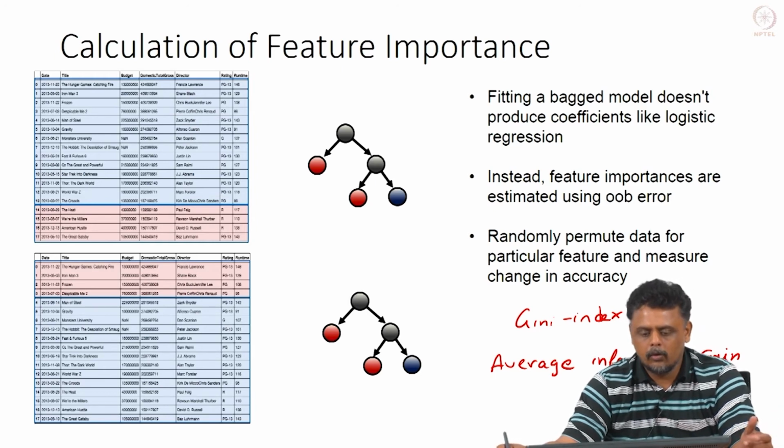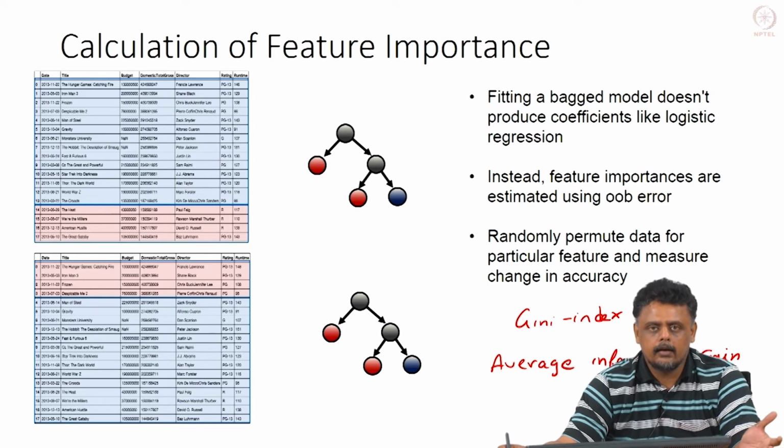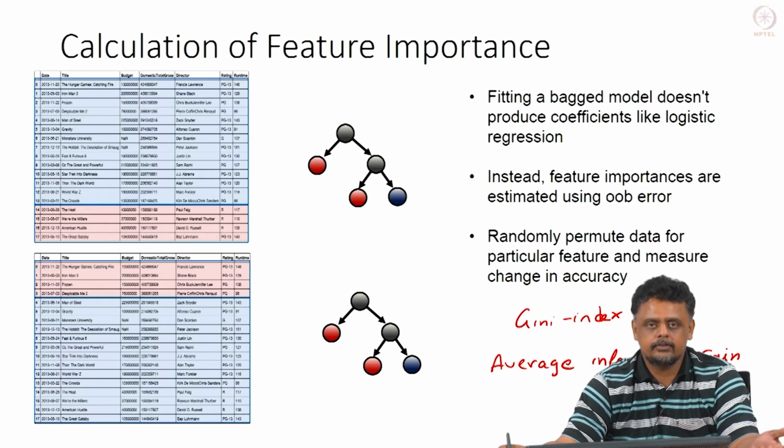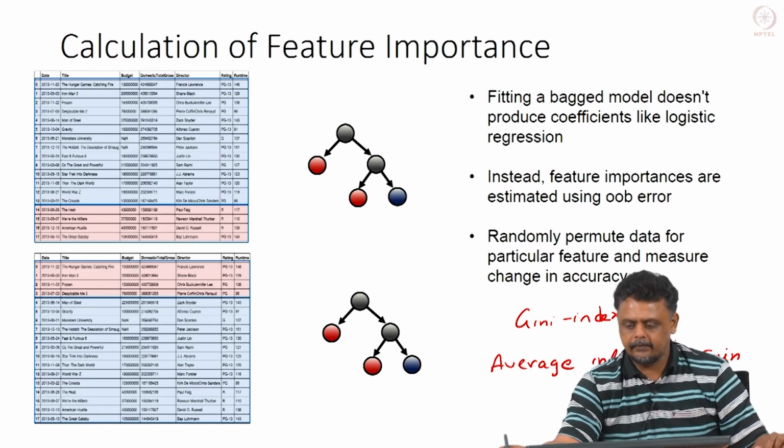During the process of training, we take bootstrap samples and train every tree with it, and whenever we make a split on the data based on the information gain, we keep track of the information gain for that particular feature across all the trees whenever that feature is used, and we take an average of that. That gives you the feature importance when you are using bagging for classification, or even for regression.